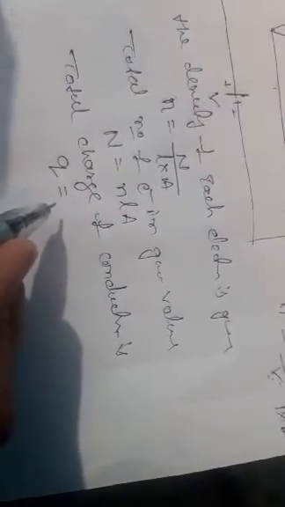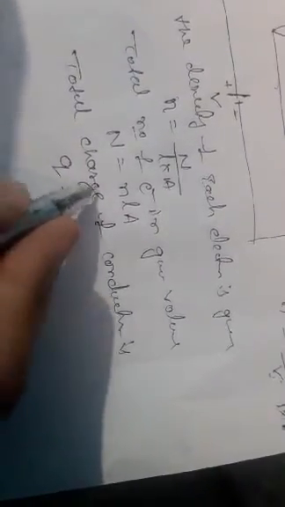And what is the total charge of the conductor? Next step: the total charge. The total charge of a conductor is Q. Small e is the charge of each electron, multiplied by the total number of electrons in the volume.